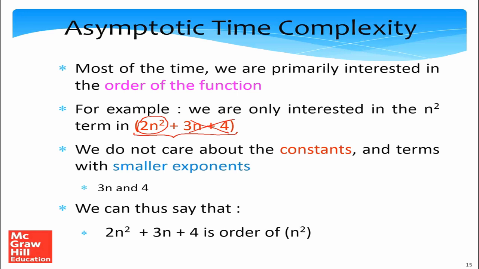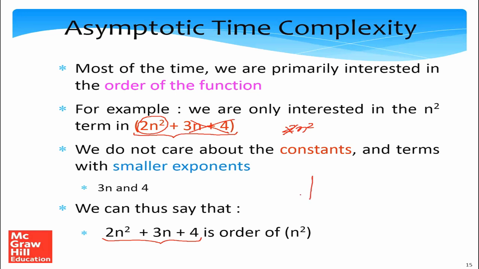And so even the constant in 2n square, while broadly thinking of the approximate time, we can even ignore the constant 2, and we can say that this function grows as n square, ignoring constants. So it is possible to say that a function of the form 2n square plus 3n plus 4 is the order of n square. And the reason it is possible to say this is because we have decided to get rid of constants.